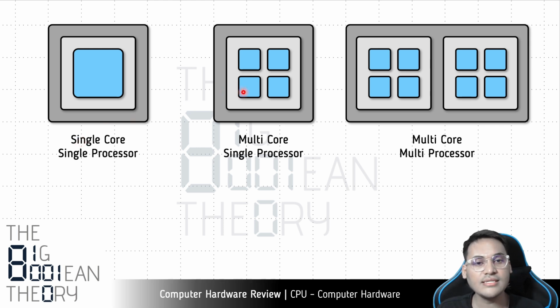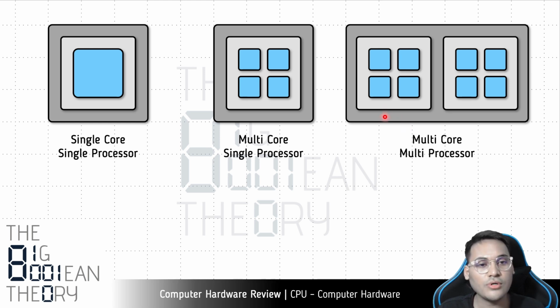Now, the next idea is that instead of putting more cores onto the chip, we can have multiple chips altogether, right? On the same motherboard, let's say we have multiple sockets. In this case, there are 2 sockets, and that is why it is called multi-core multiprocessor. On multiple sockets, we can fit multiple chips.